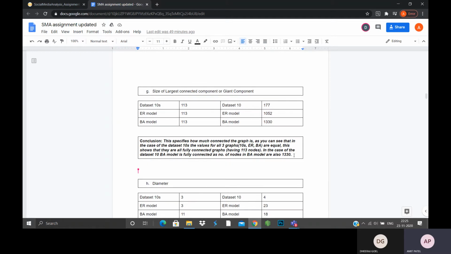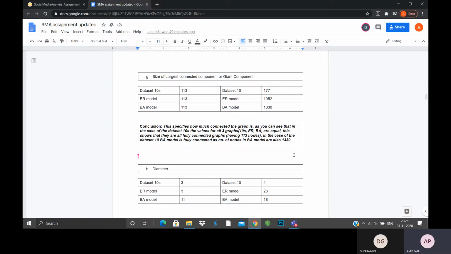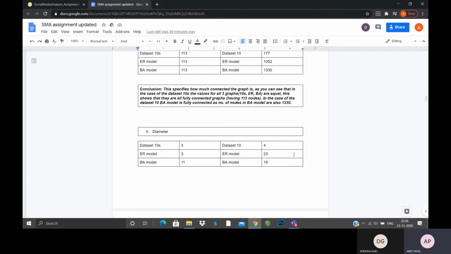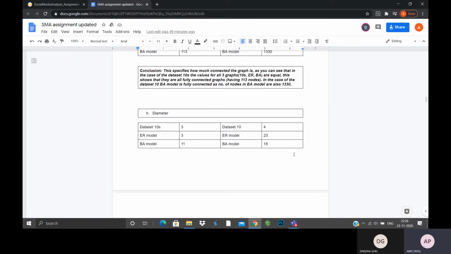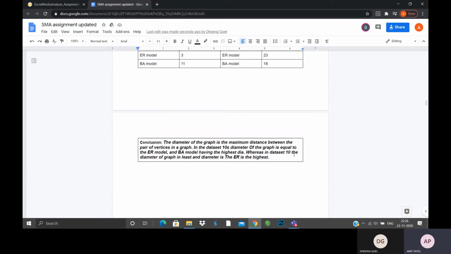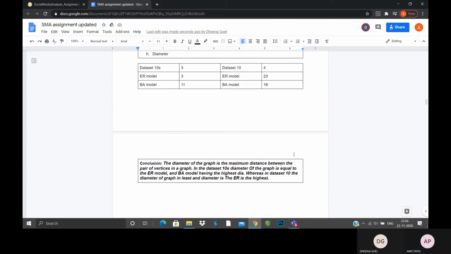So in our case of the larger dataset 10, we have 177 nodes in the largest component. Coming to the ER model, it has 1052, and the BA model is more distributed with 1330. And later we have diameter, which is nothing but the maximum distance between a pair of vertices in a graph.